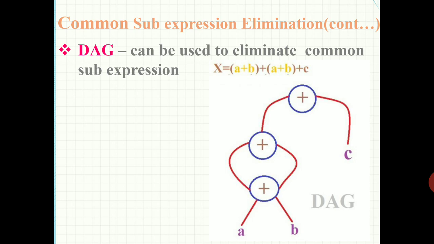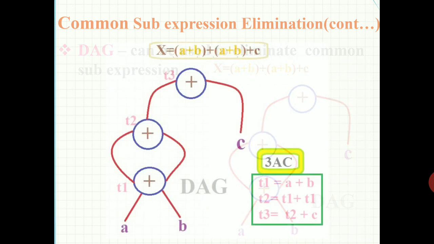That is happening on the left side of the DAG. Then that value is again used to perform the addition for a plus b plus a plus b plus c. You can see the DAG here. Then it can be used to eliminate the common sub-expression.